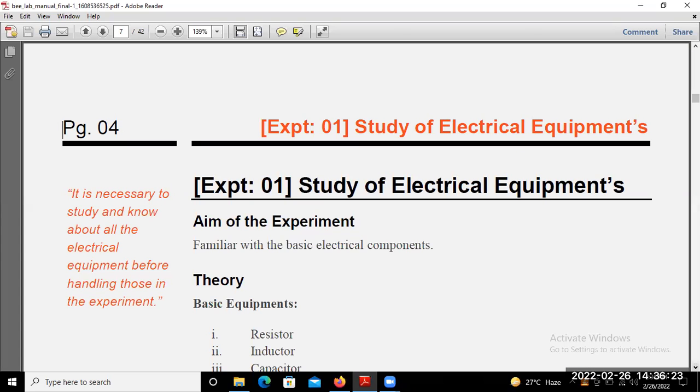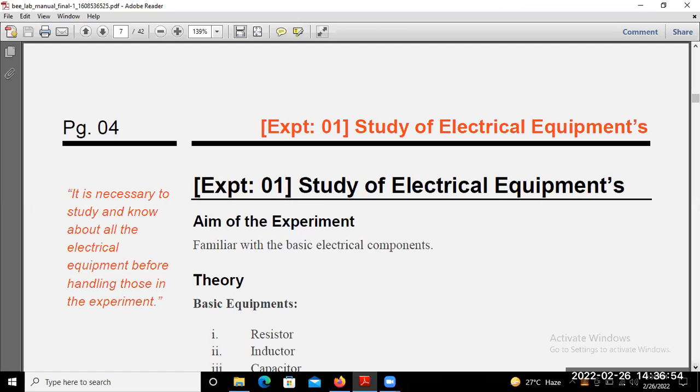Experiment number 1 is the study of electrical equipment. So what are the basic electrical equipment? Have you heard the names? Capacitor, inductor, resistor.